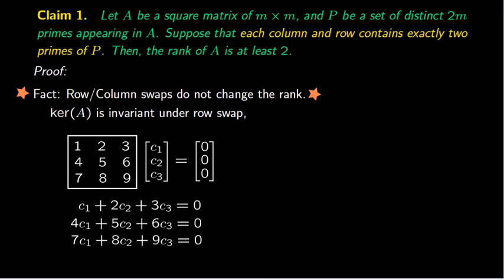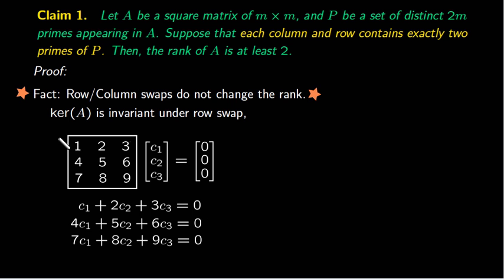Right, kernel is also easily understood, but it needs more explanation. So here's a 3 by 3 matrix. The kernel is the set of all vectors that, when you multiply this matrix, become 0. But we really learned this whole setting in terms of equations like this in the beginning of first year linear algebra.